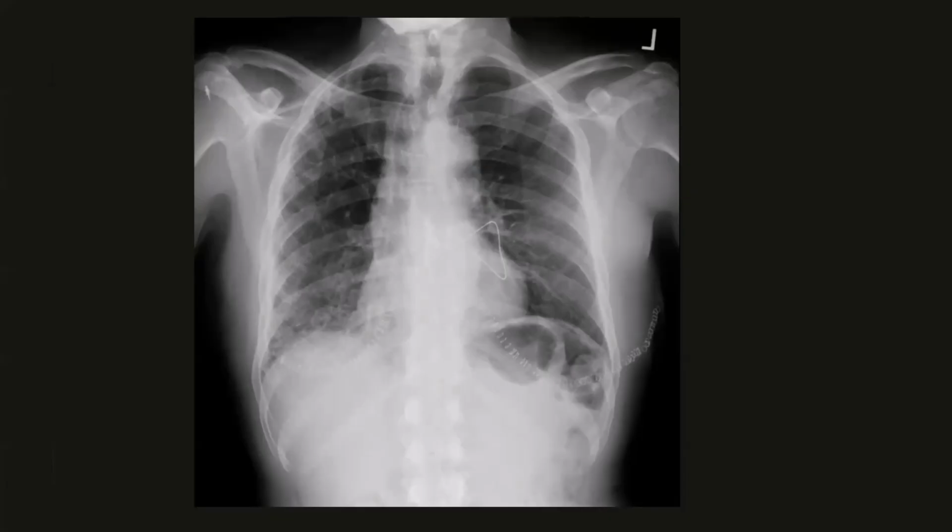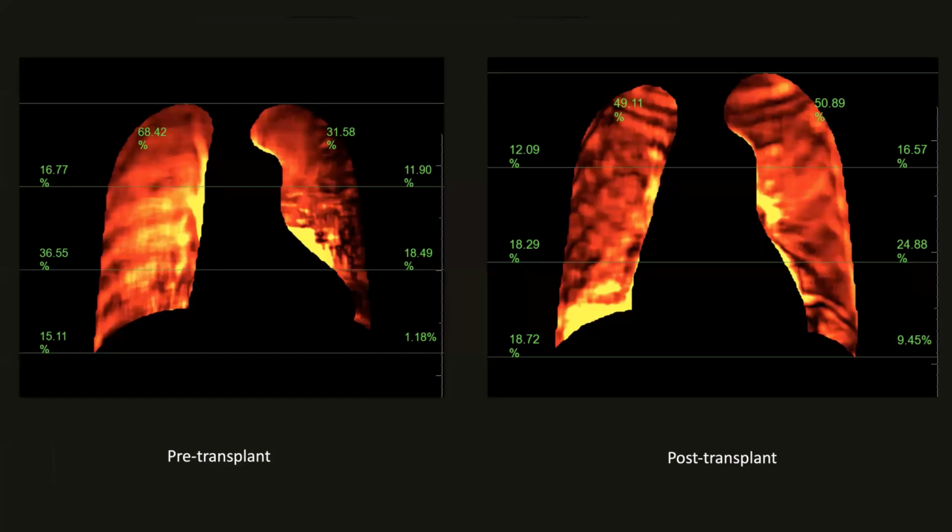And again, this is a potential application of following up these post-operative patients to see if they recover all of their lung function and diaphragm function following surgery. Also, we were able to compare the pre-transplant and post-transplant estimated perfusion for this patient.